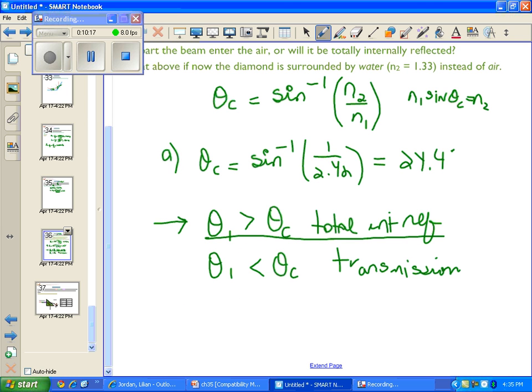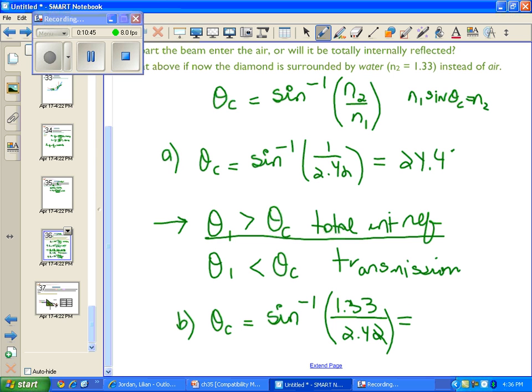Now, in the second case, we are told to repeat the calculation in the situation where the light is traveling in the diamond but reaches the diamond-water interface. Water has a value N2, where the light's going to, of 1.33, divided by 2.42.